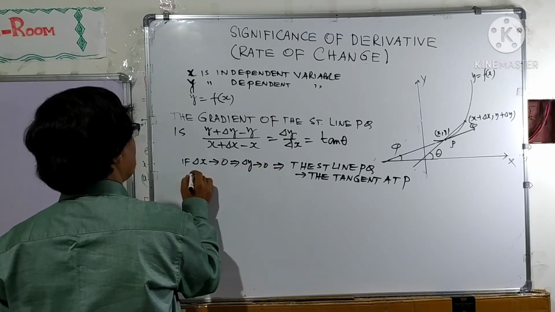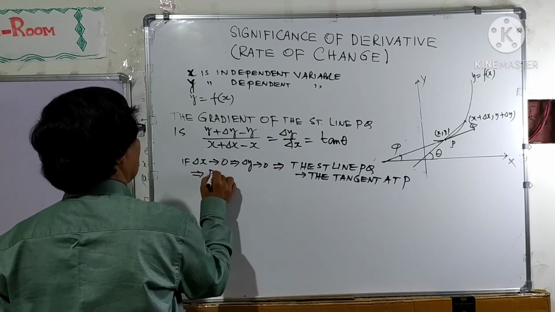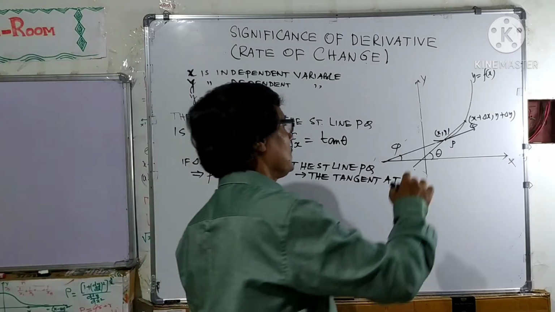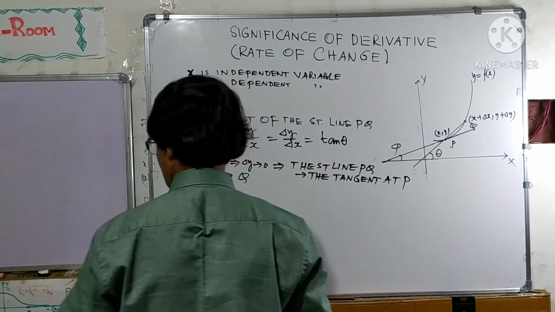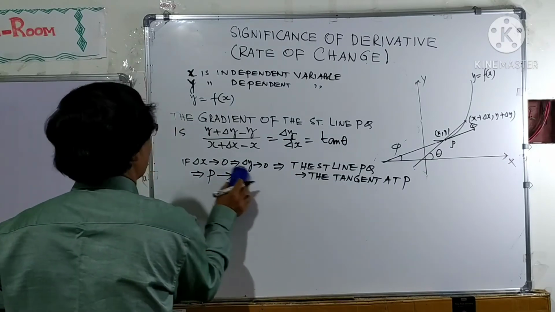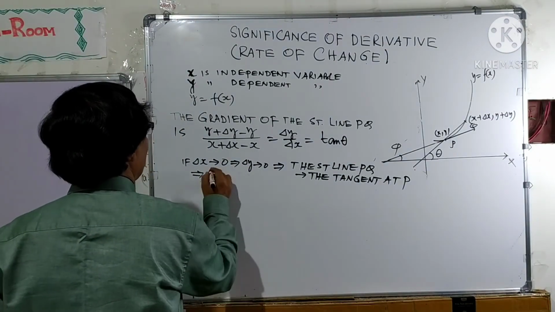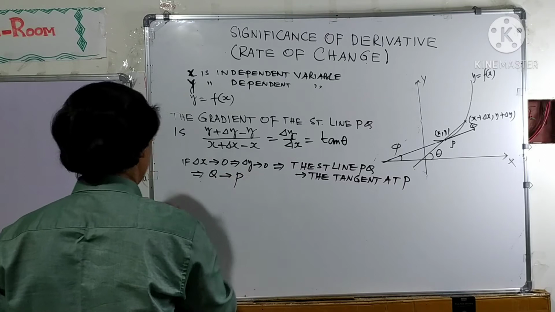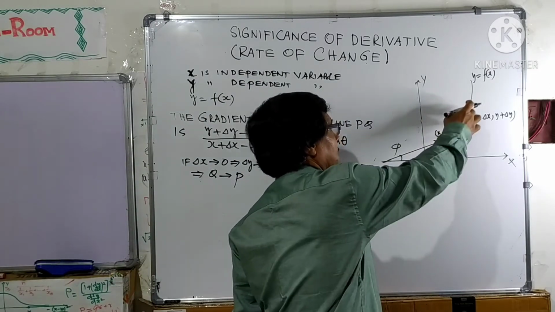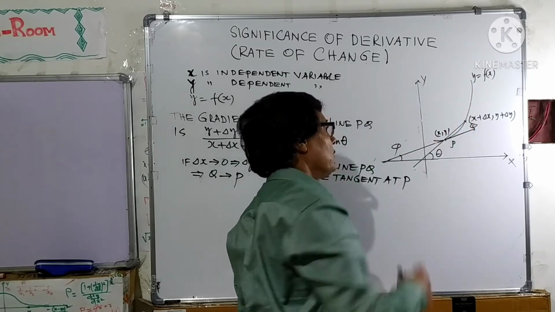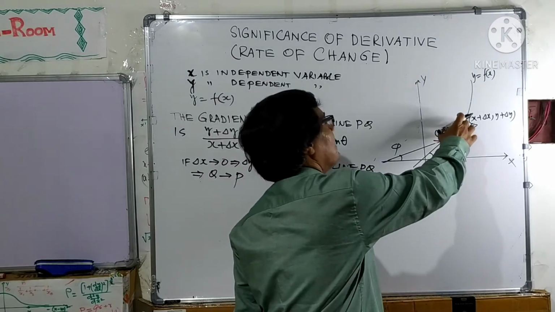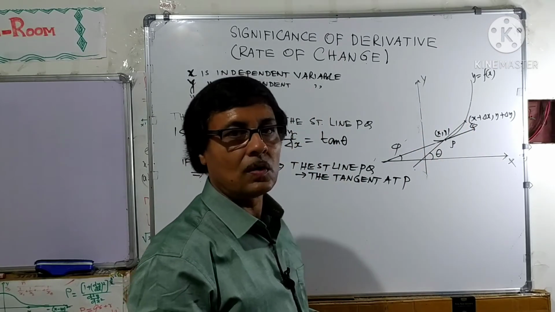This also implies Q tends to P. When Q tends to P, then this intersecting line, which intersects the curve at two points (x, y) and (x + del x, y + del y), is called a secant.